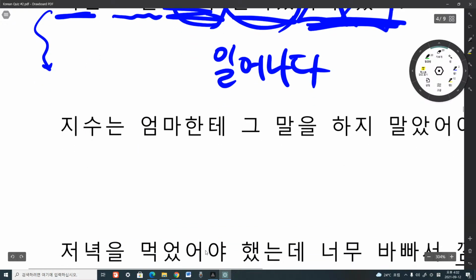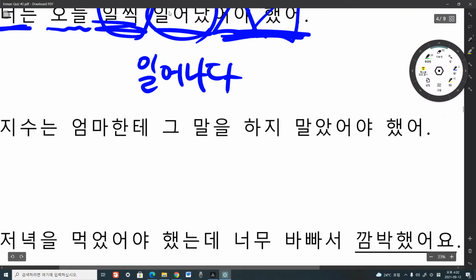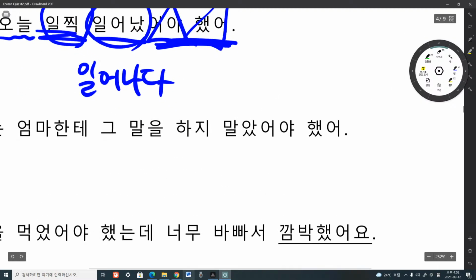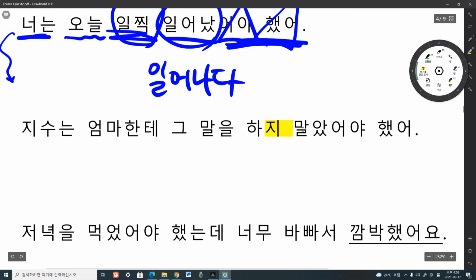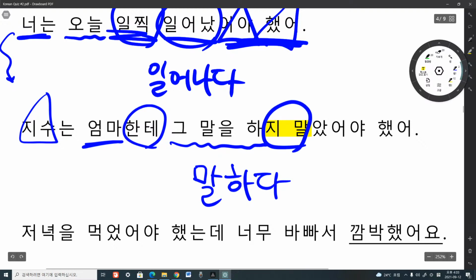그 다음에 지수는 엄마한테 그 말을 하지 말았어야 했어. 하지 말았어야 했어. 지 말다, negation, right? 지수, 엄마한테 to mom, 그 말을 하지 말았어야 했어. 말하다 means to say, talk, speak, tell, right? 말을 하지 말다, not, right?